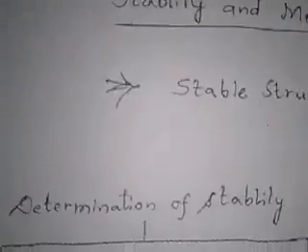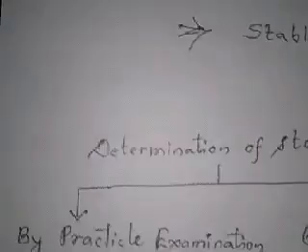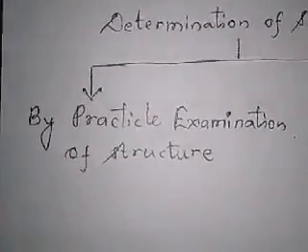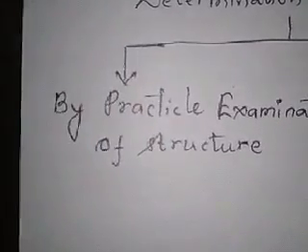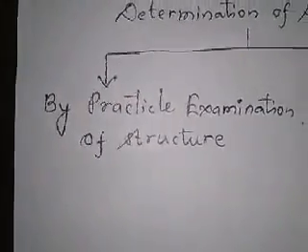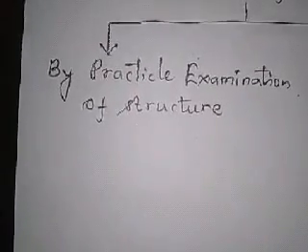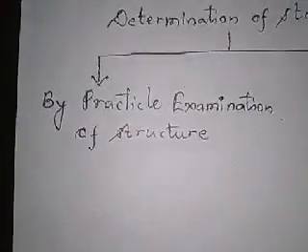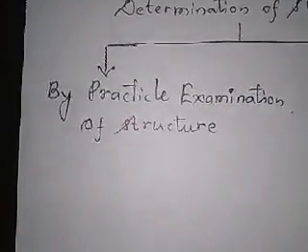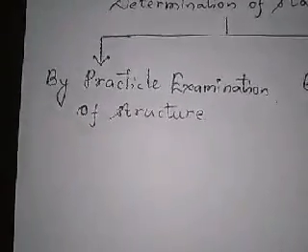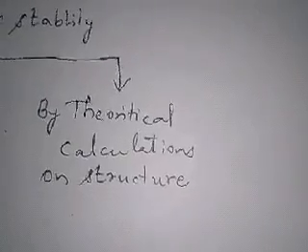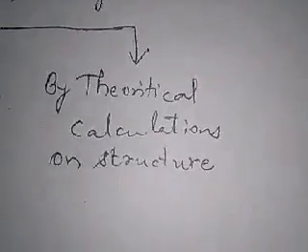And how can you determine the stability? So there are two ways. By practical examination of a structure, you build the complete structure, or for demonstrative purposes, you make a demo of that, and you can test whether that structure is stable or not. And another method, by theoretical calculations on the structure.